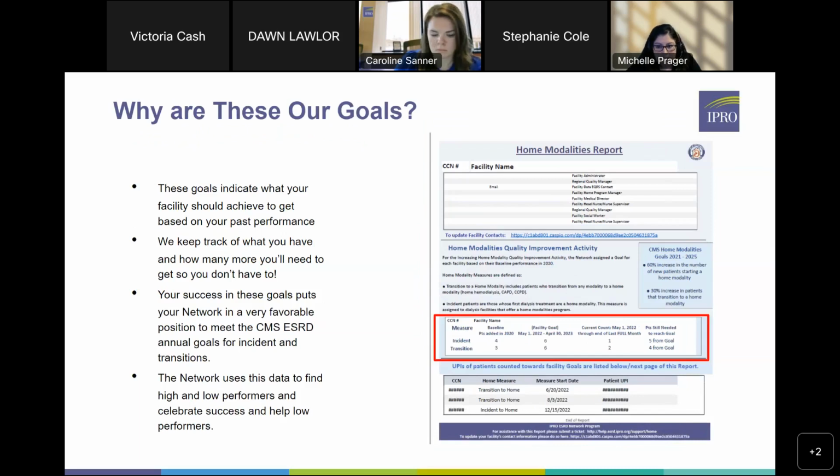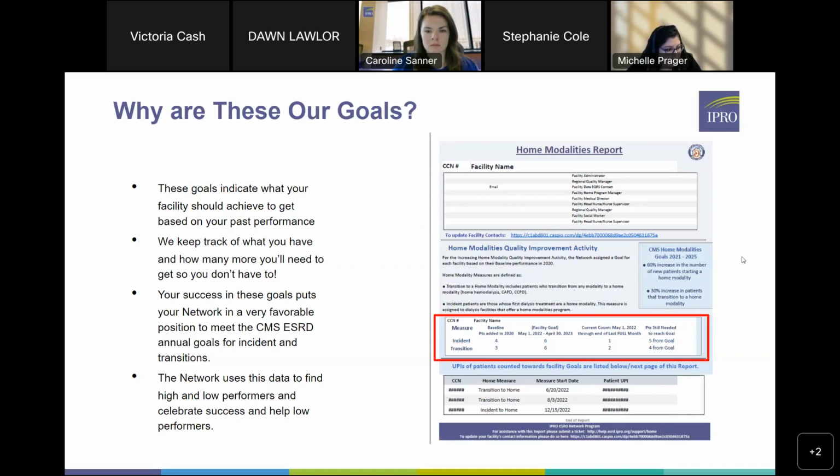So why are these our goals? This slide shows how many patients started on home and transitioned to home in the year 2020. The box has baseline patients added in 2020. The incident patients are patients started directly on home, and the transitions are patients that transitioned to home. In this example, 4 patients started directly on home in 2020 and 3 transitioned to home.